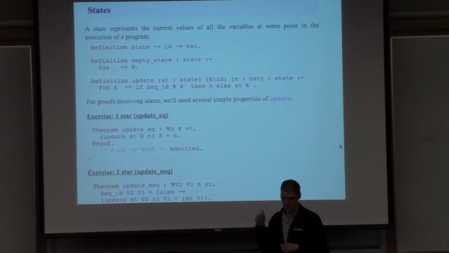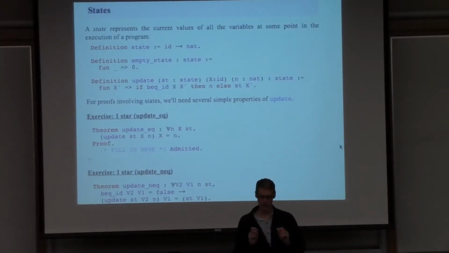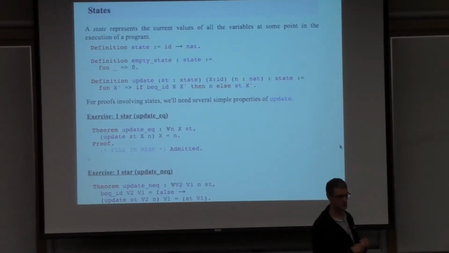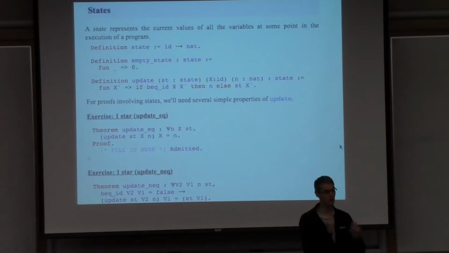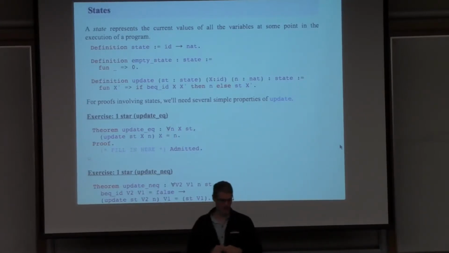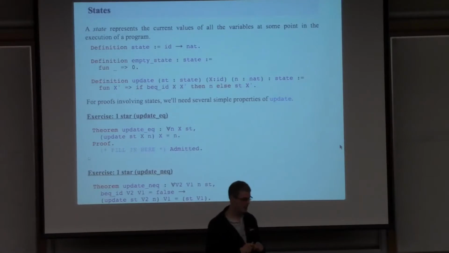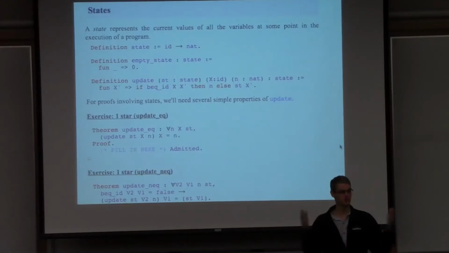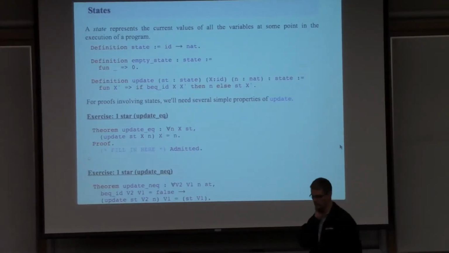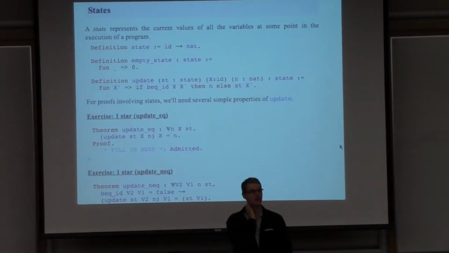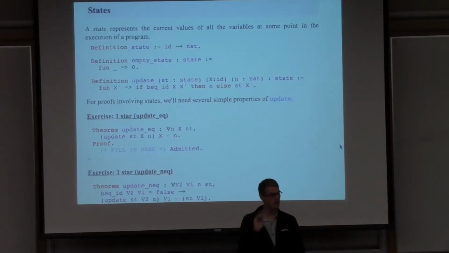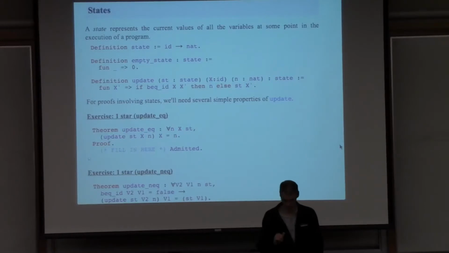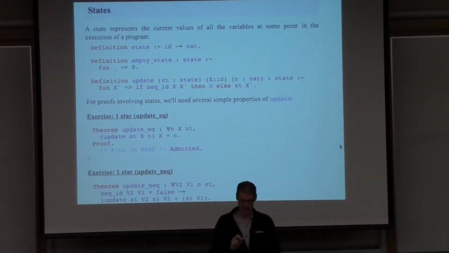So here, for example, we've chosen a functional representation, where the memory is a total function from identifiers to numbers. Other alternatives would be possible. We could have an A-list representation, or lots of other ones that you could think of. And we have tried those, and they all work. You can get to your goal, but this one is quite a bit smoother and cleaner for low-level reasons that I don't actually even remember anymore.